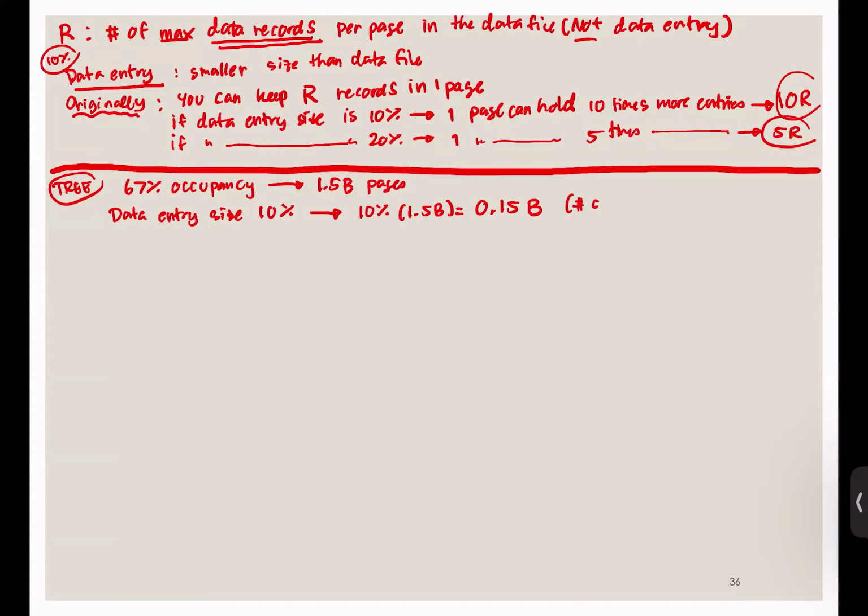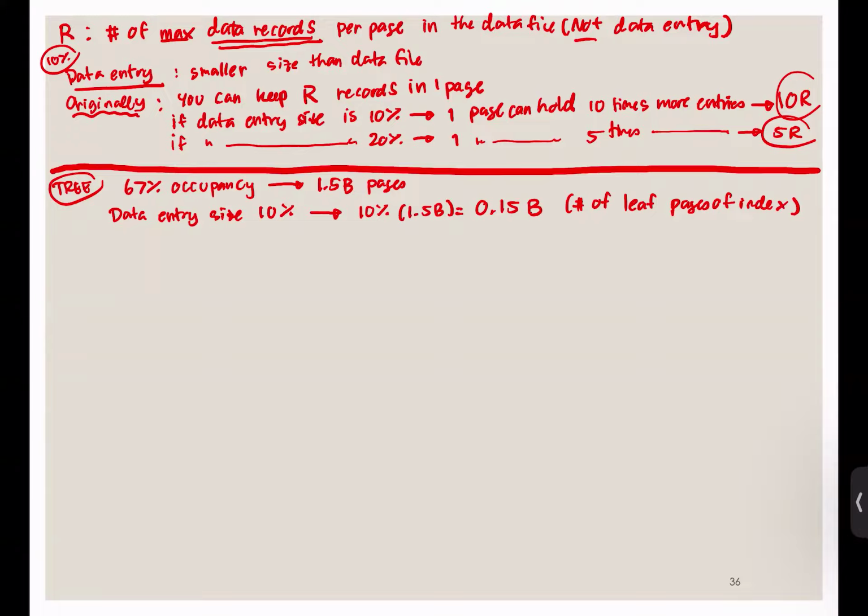So this will be the number of leaf pages of the index. Does it make sense? Yes. Because originally we talked about 1.5B pages.